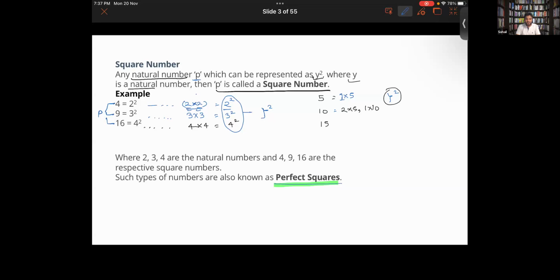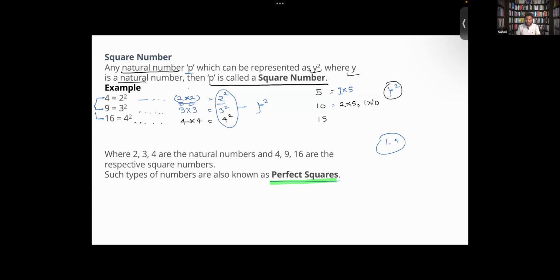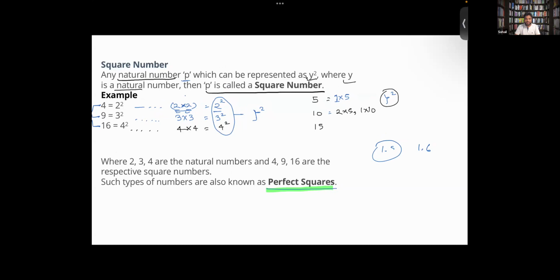For example, when I get the squares of numbers like 2, 3, 4, 5, 6, 7, 8, 9, 10, I get numbers like 4, 9, 16, 25, 36, 49, etc. These are called perfect squares. Whereas if I were to have a number like 1.5 or 1.6, their square will be different.